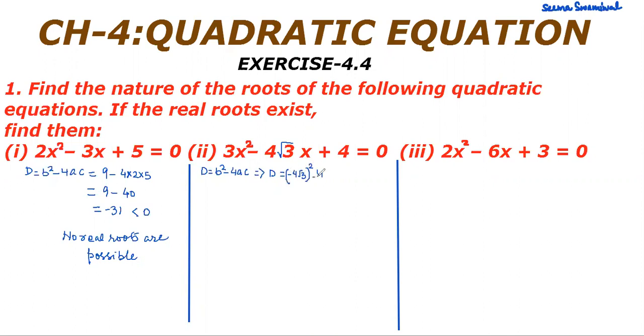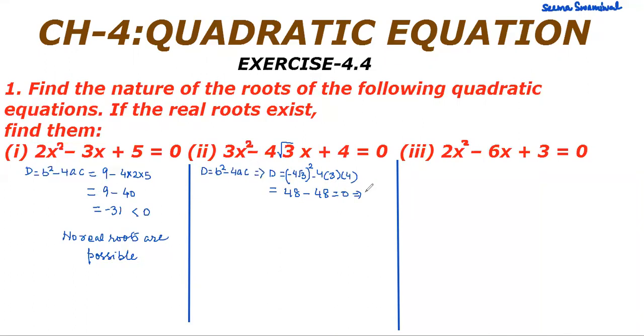Then minus 4AC, A is 3 and C is 4. When you simplify, you will get 4 4s are 16, 3s are 48, and minus again 48. That means D is 0.